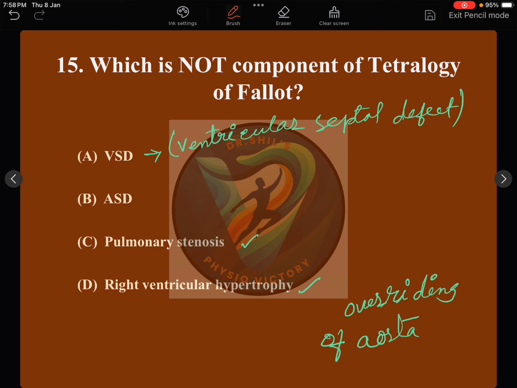ASD or atrial septal defect is not a part of tetralogy of Fallot. So here the correct answer is option B.